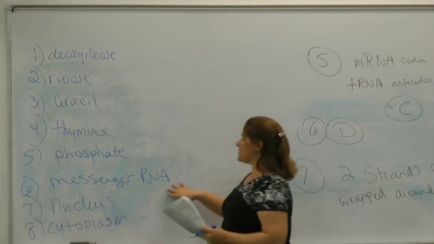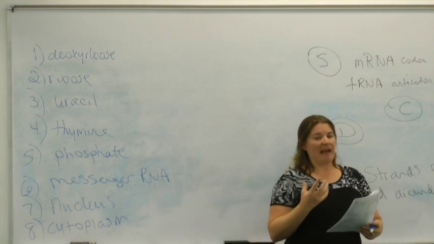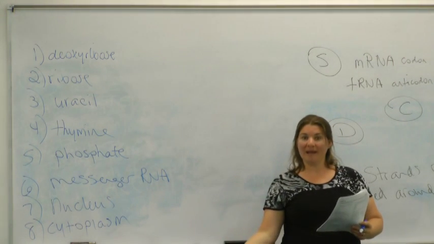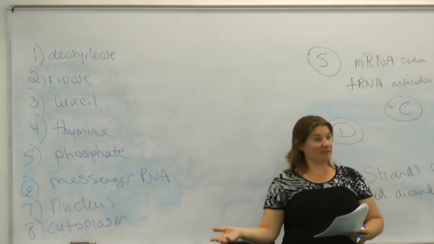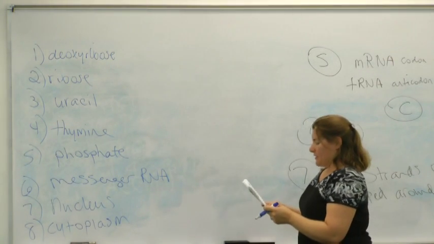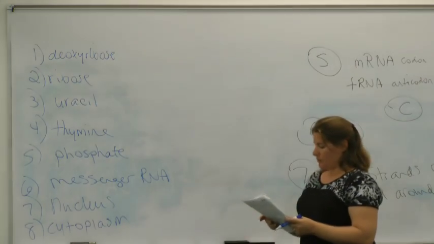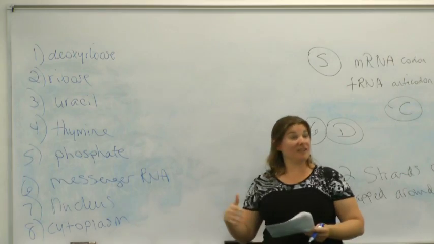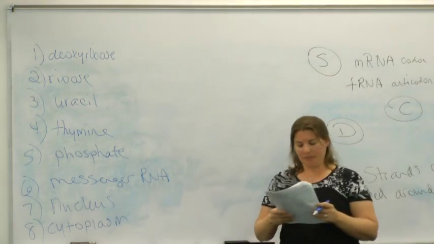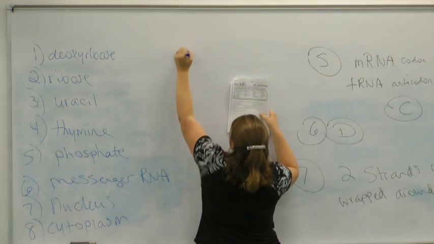That's why it's called messenger RNA, because it carries the message, the genetic message, out of the nucleus into the cytoplasm for translation, eventually. Okay? So it carries the genetic information from the nucleus to the cytoplasm, where then the proteins are synthesized, right, during translation.